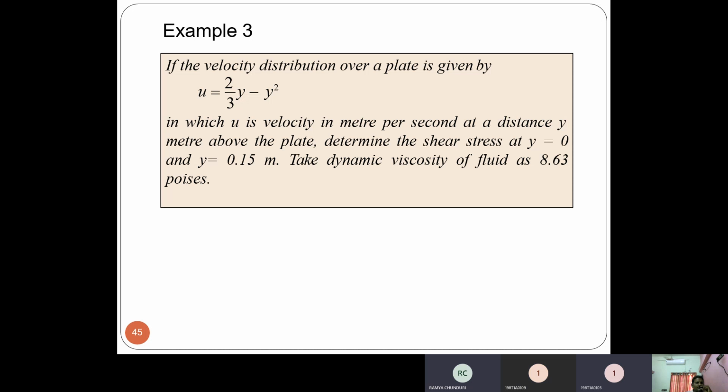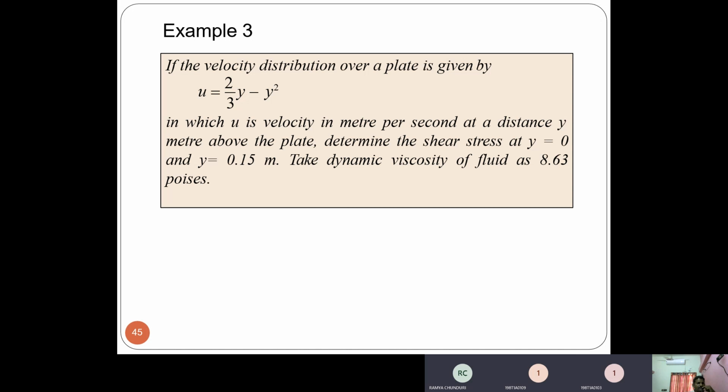If the velocity distribution for a fluid is given by u equal to 2/3 y minus y square, in which u is velocity in meter per second at a distance y meter above the plate, he is asking us to determine the shear stress at y equal to 0 and at y equal to 0.15 meter. Take dynamic viscosity of fluid as 8.63 poise. Okay, this is the given problem.